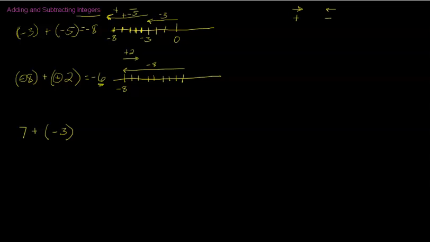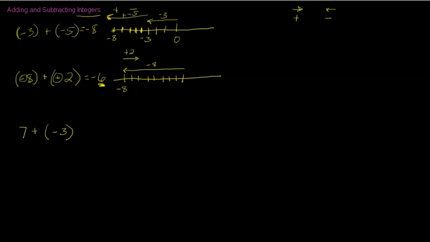It's 6 bigger. 8's 6 bigger than 2. Now, which one's the furthest away from 0? The negative. So it's going to be negative. So once you get the hang of it, you're going to figure out that 8's 6 more than 2, and negative 8 is further away than 2 is. So it's going to be negative 6.